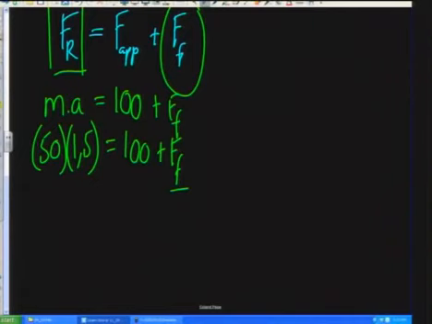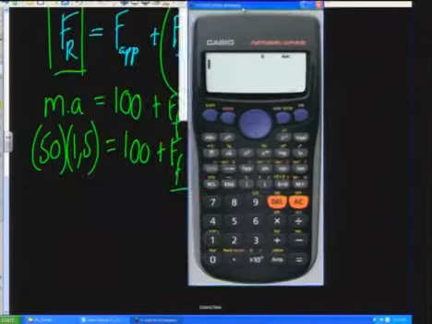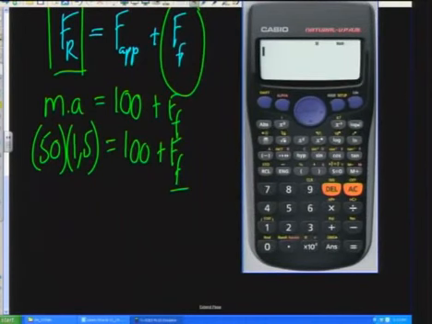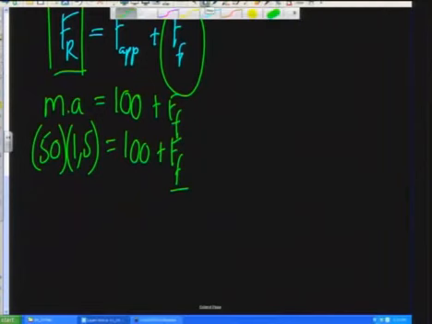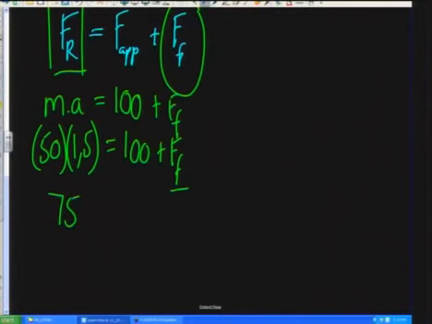Let's use the calculator, even though we can do it in our heads. 50 times 1,5 equals 75. So we now know that the resultant force is 75.